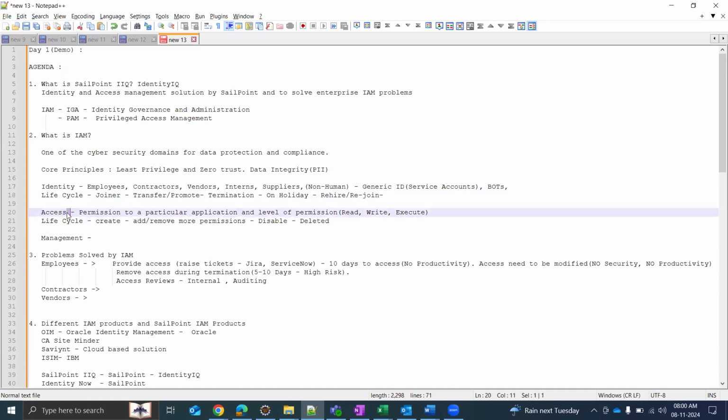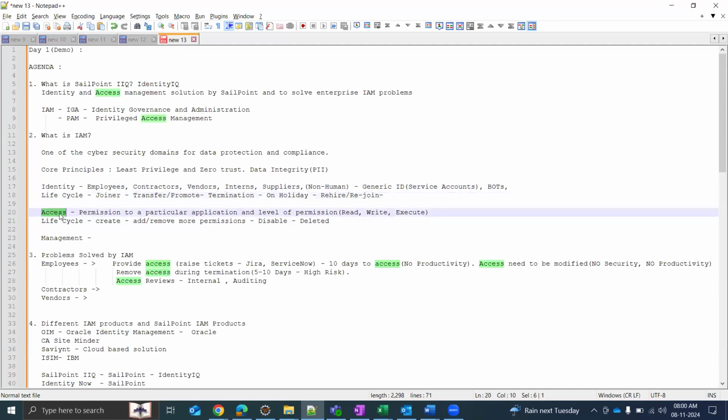For that particular access, through SailPoint, we handle this as well. So we create accounts, we add or remove permissions, we disable accounts, we delete accounts, and all these activities we do through SailPoint. So this is what we mean by identity and access management. For identity, we take care of the person, when the person joins, transfers, or leaves the organization.